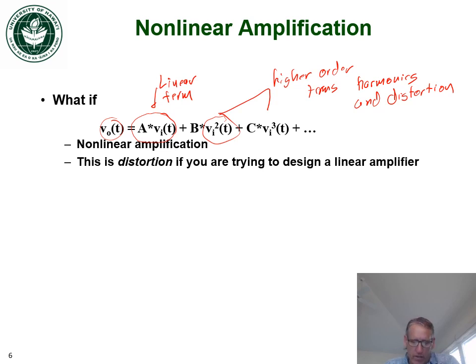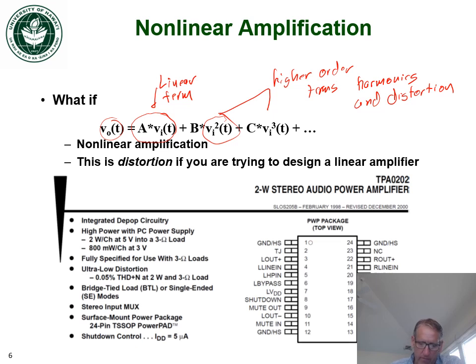And so if you look at a data sheet, for example, here's an example of a data sheet for an amplifier. This is a 2-watt stereo audio amplifier. You can see they specify here ultra low distortion, and it talks about the total THD, which is the total harmonic distortion plus noise, being 0.05%.